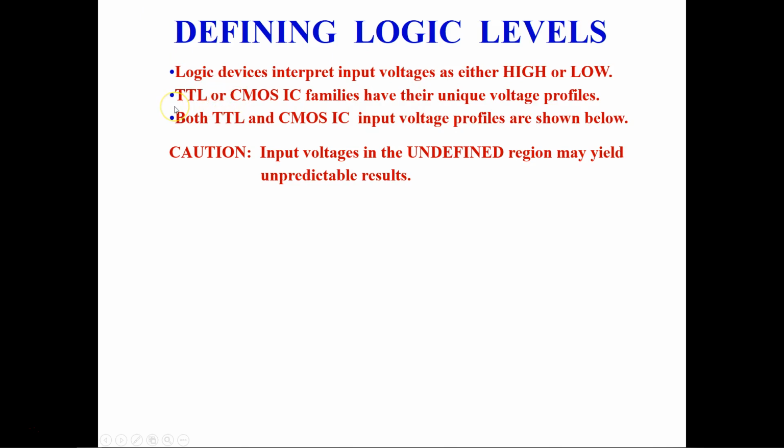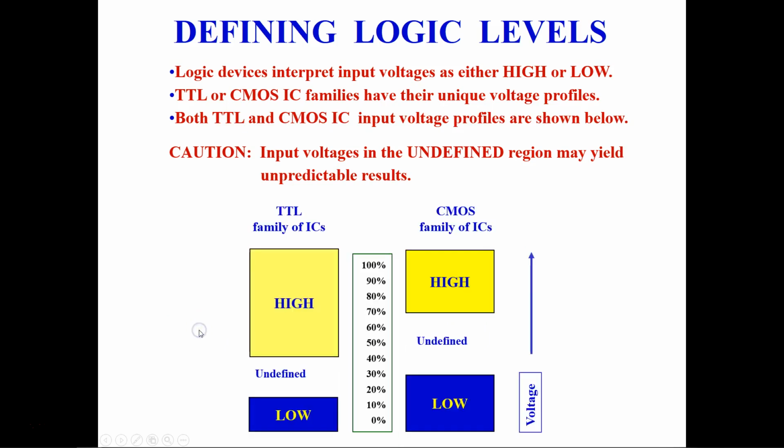TTL stands for transistor-transistor logic, and CMOS stands for complementary metal oxide semiconductor ICs, and they have their unique voltage profiles. Both TTL and CMOS ICs input voltage profiles are shown below. So this is the voltage profile for TTL and CMOS.